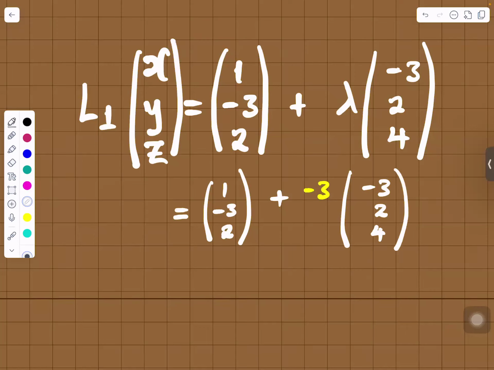So we want to work that out. The 1 plus minus 3 times minus 3 is 1 plus 9. The next one, minus 3 plus minus 3 times 2, minus 6, so minus 3 minus 6. And the last one will be 2 minus 12.